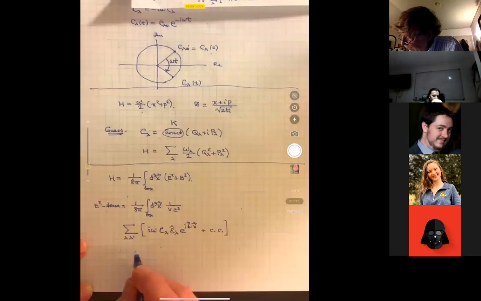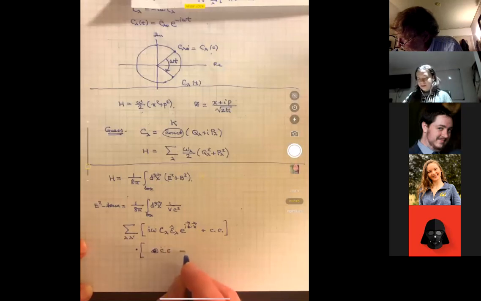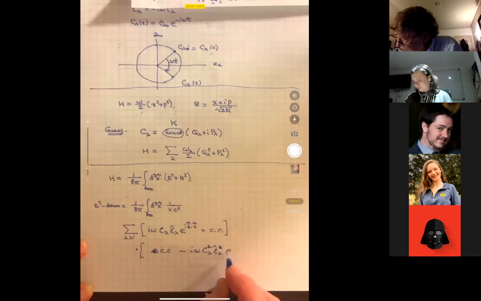And then this is dotted into the other copy of E, which I'll write as the complex conjugate: minus i omega c sub lambda star epsilon sub lambda hat star e to the minus i k dot x.